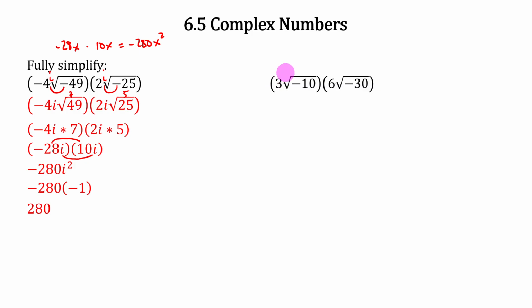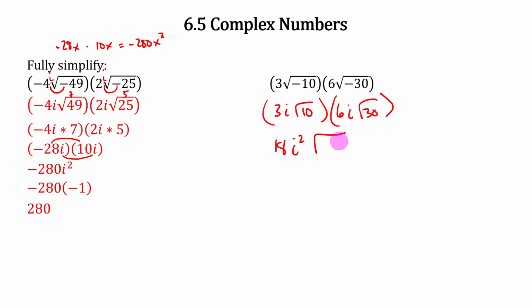Okay, so we've got 3i square root 10, 6i square root 30, so we're going to get 18i squared square root of 300. And we can go ahead and replace i squared with negative 1. So already we're at a real number.